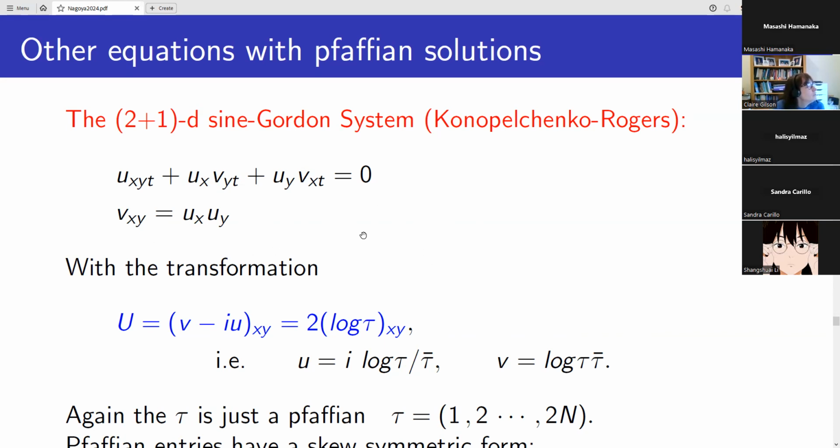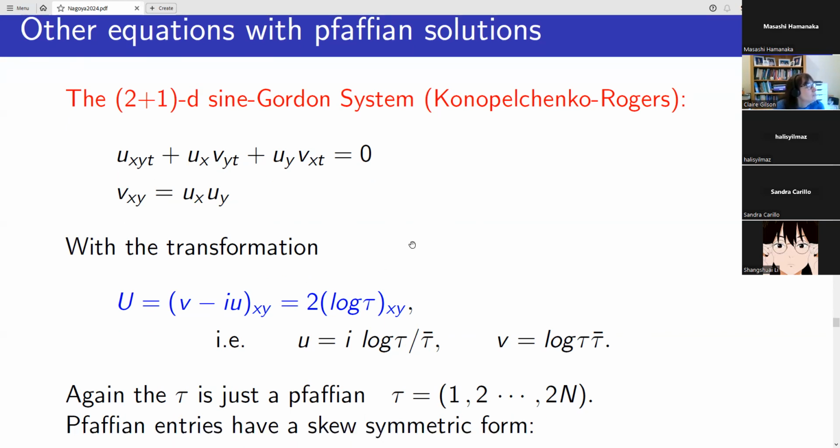This is quite a simple system, and it has similar sorts of things. It's got a U, which is a log of a tau. So again, you've got ratios of Pfaffians. Tau is a Pfaffian, tau bar is a Pfaffian, and again we've got ratios of these things here.